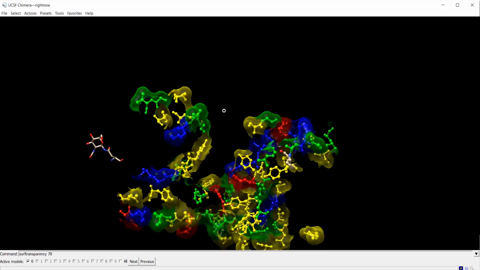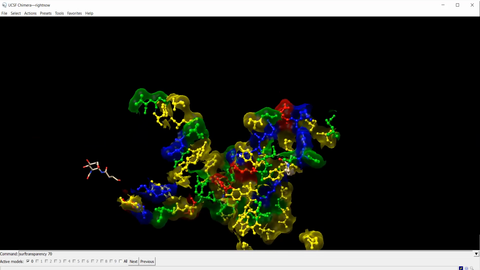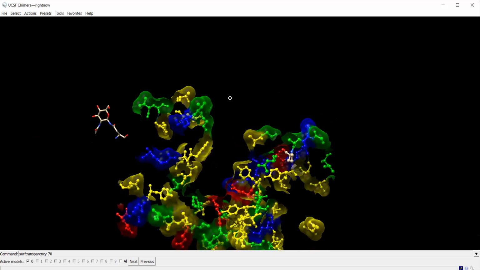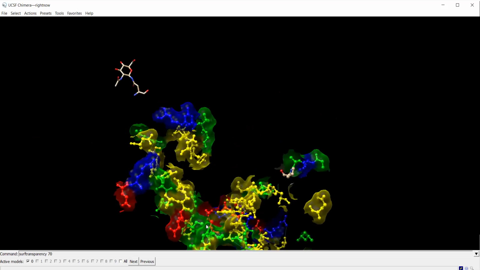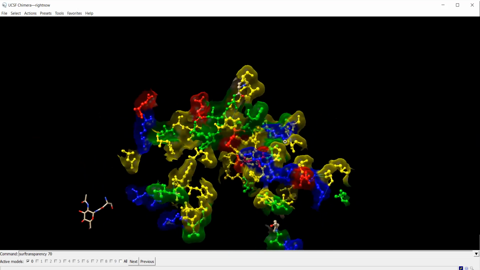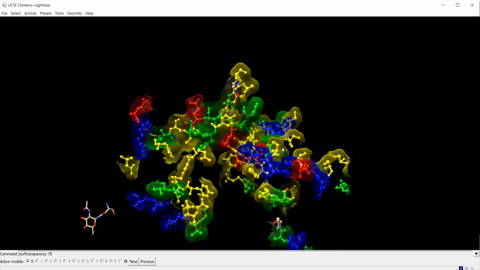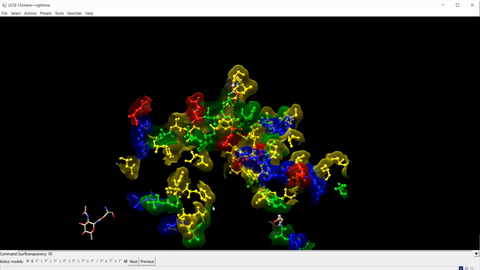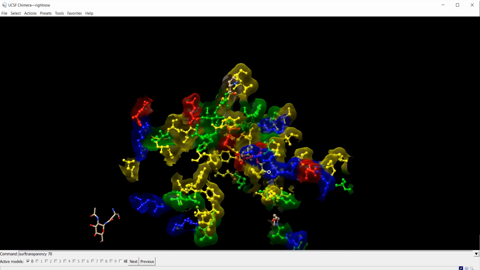You can see we have a few of those over here in the middle, over here at the top, in this corner over here. Another type of interaction that we see a lot in this specific structure is hydrophobic interaction between amino acids.